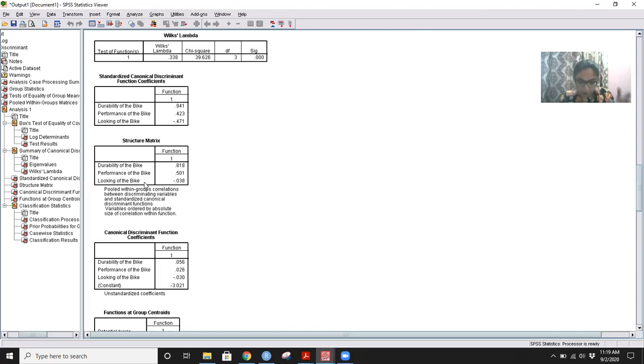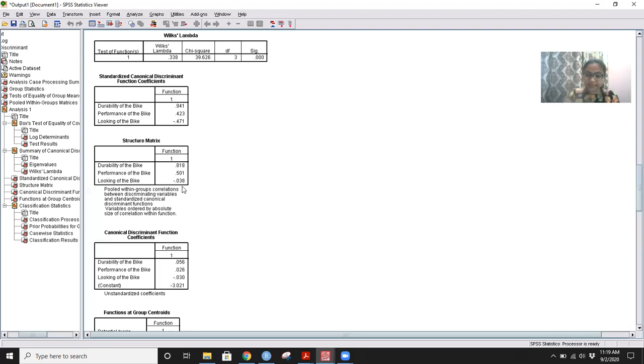So these particular components, 0.818, 0.501 and minus 0.038, what are these? These are called canonical correlation coefficients. Basically, these are correlations of each variable with the discriminant function.